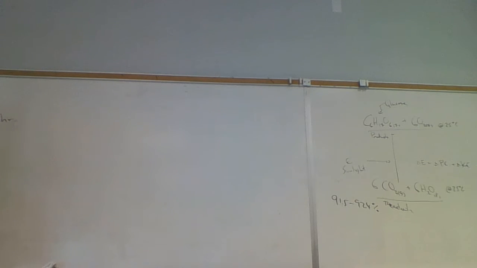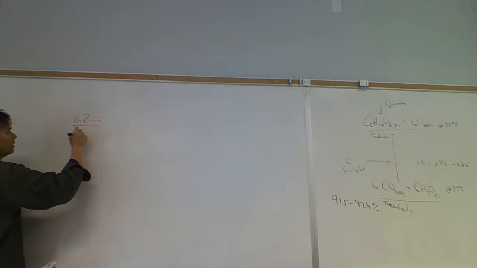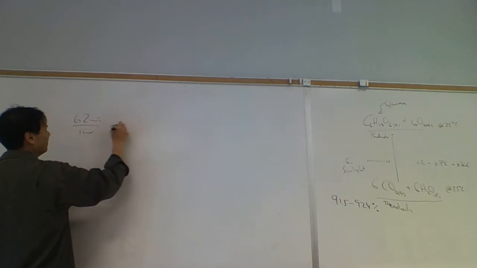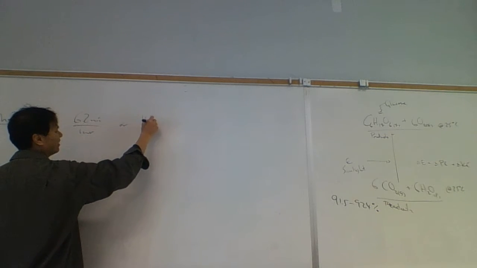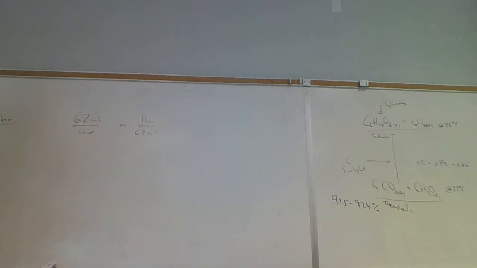But we're given 62 miles an hour, so we're given 62 miles in 1 hour, or in 1 hour, we'll travel 62 miles. Those are the 2 conversion factors that we can get from this statement.